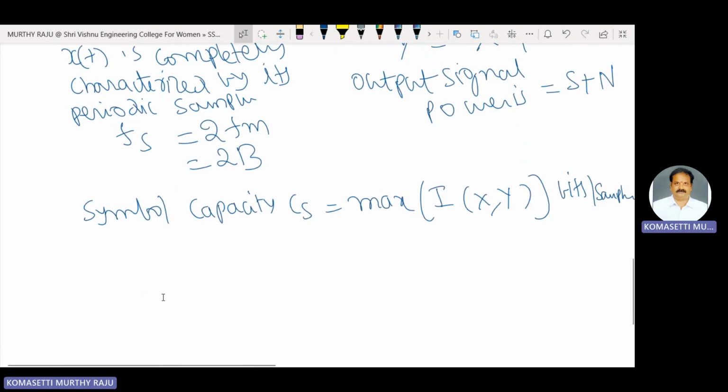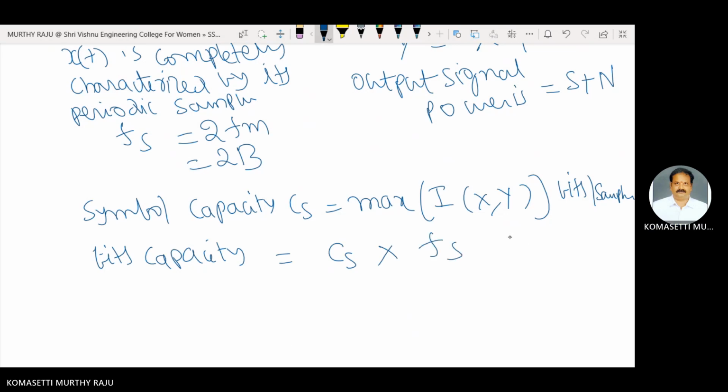Next one, bits capacity. Bits capacity, or capacity of the channel, is equal to CS into sampling rate Fs, bits per second.